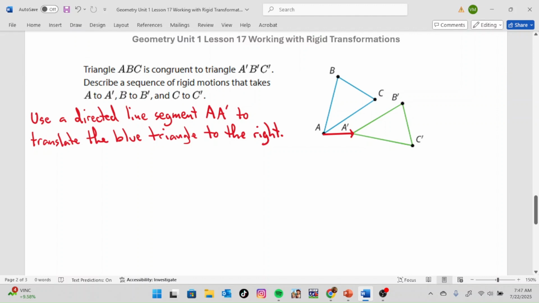Now, once we've done that translation to the right, we're going to rotate clockwise until point C moves to point C prime.